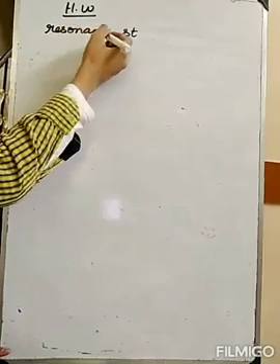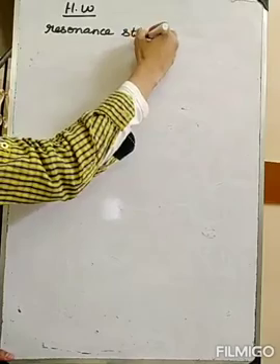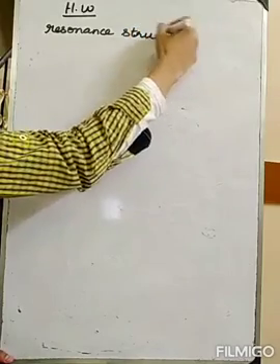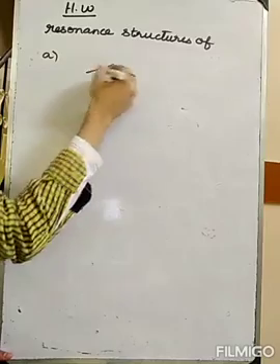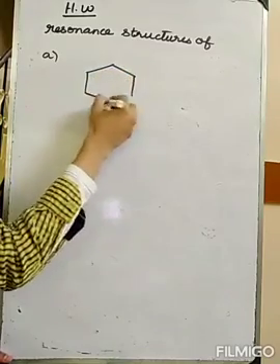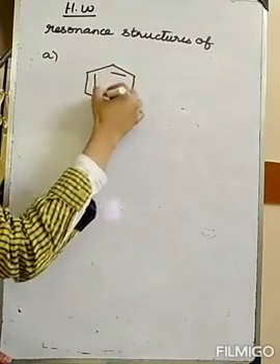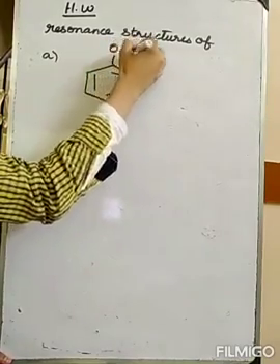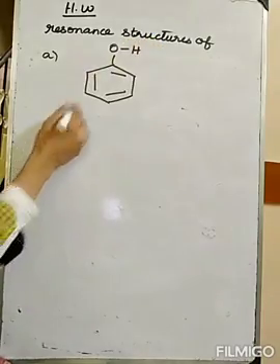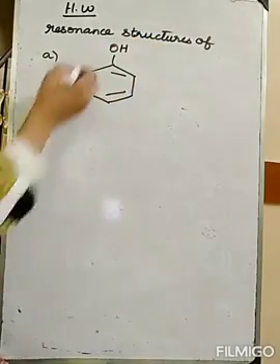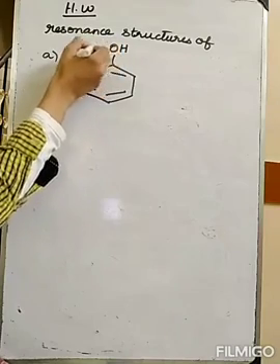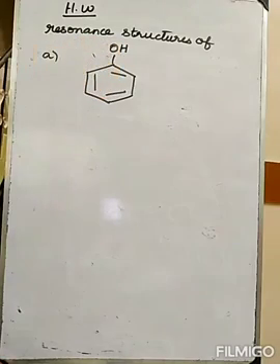Okay. Today we must draw the resonance structures of phenol, OH. In phenol, from oxygen, electron will come here, bond will come here.